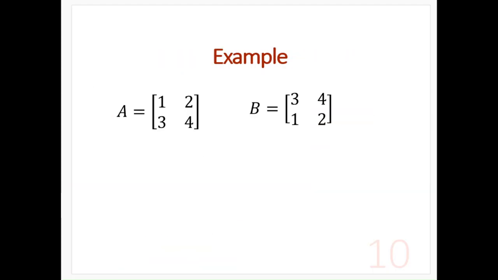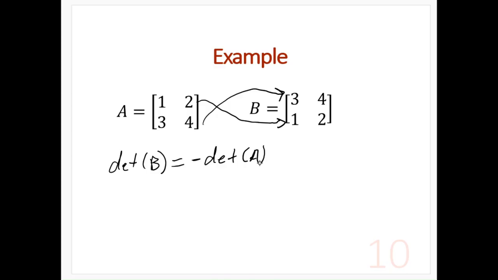And here is an example. If you'll notice, the rows of A were interchanged. So here, the determinant of B now equals negative determinant of A. If we wanted to go a little bit deeper into this, we look at determinant B. Here we have 3 times 2 minus 4 times 1.